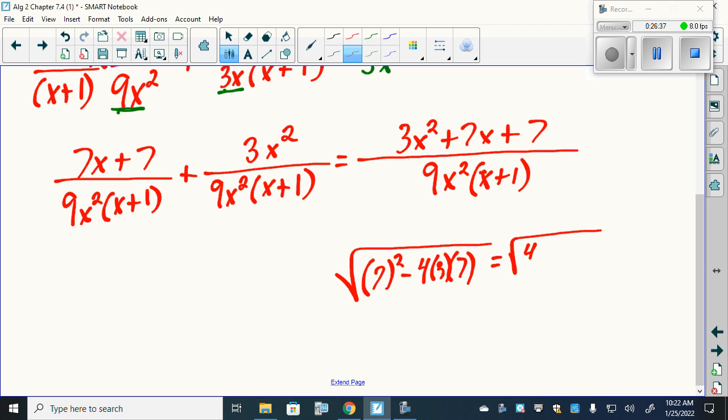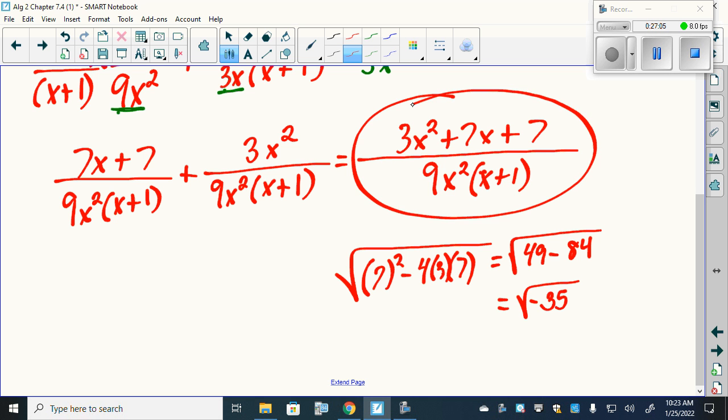Here we would have 49 minus 4 times 3 is 12, times 7 is 84, which would give us the square root of negative 35. That's not a real number. So that tells us that that's not factorable. There's no greatest common factor. That's our answer.